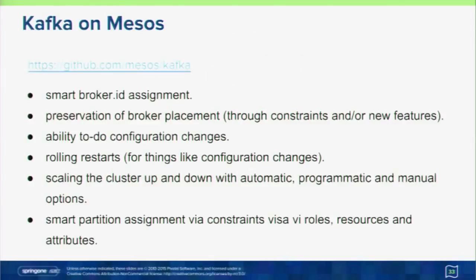All right, so let's talk about Kafka on Mesos and why am I even talking about this. So when you're running Kafka, there's a whole bunch of stuff that you need to do. First, you need to assign broker IDs, right? I want to launch 6 brokers, well, they each need to have different IDs.